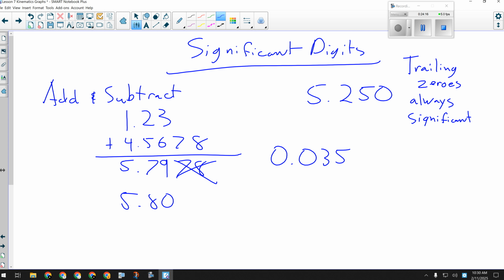So that number only has 2 significant digits because those 2 zeros weren't measured. They're just there to hold the place. Only the numbers that are there are significant. So, leading zeros are never significant.